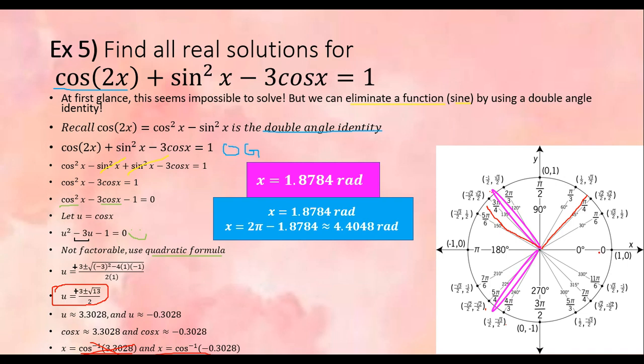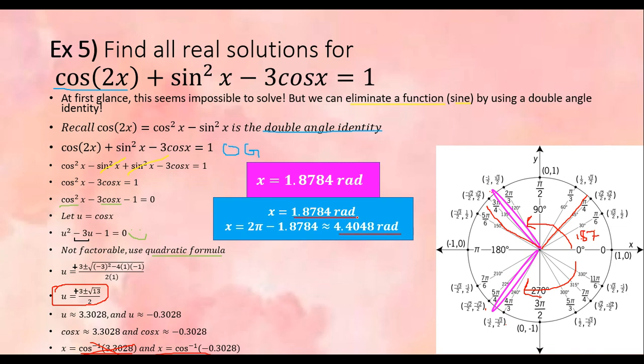This is my reference angle right here. It's in quadrant 2, but my angle here is 1.87. And because of symmetry, it's also going to be in quadrant 3. So the only way to find out how many radians that is, is to take 2 pi radians and subtract off in the negative direction 1.87, and that gives me 4.04 radians.